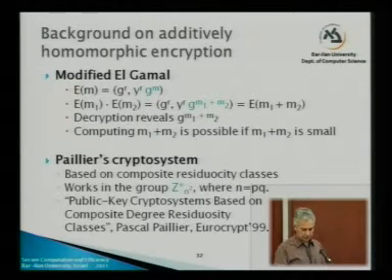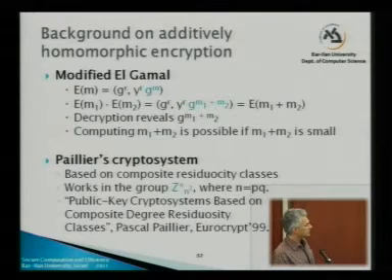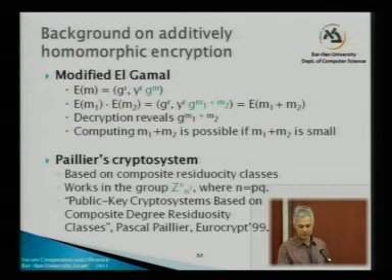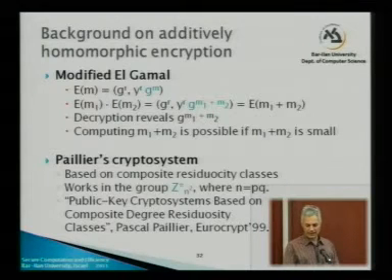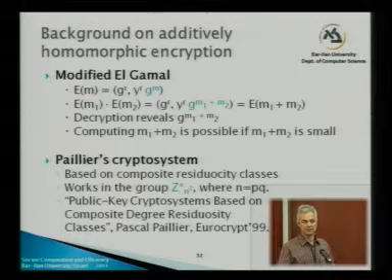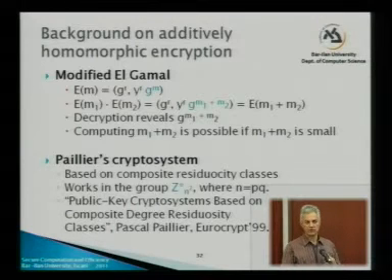Another homomorphic encryption function is Paillier's cryptosystem, which is based on the composite residuosity assumption. I won't describe the properties, but it's widely used, or at least widely used in cryptographic papers.